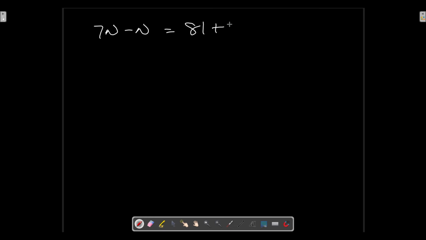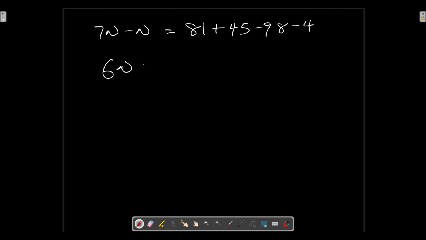We're going to have 7n minus n will be equal to 81 plus 45 minus 98 minus 4. This becomes 6n, and all of this arithmetic is 24. Therefore, we are going to divide both sides by 6. We have 6 here, we have 6 here. We divide, n will be equal to 4.